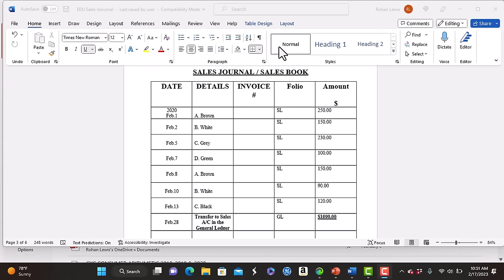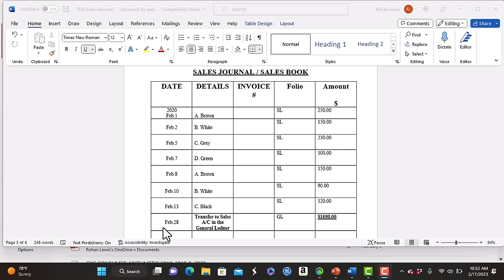Sales journal, also called the sales book, the first example. Note the date column, details column, also called the particulars, invoice number, which in this transaction we do not have, folio, and amount column.